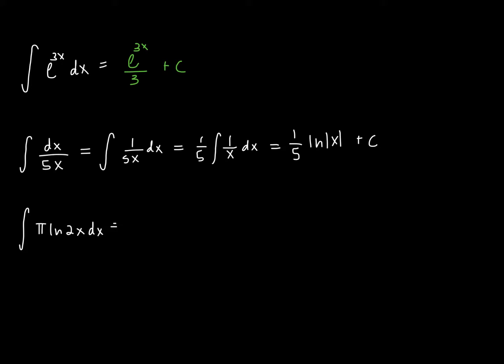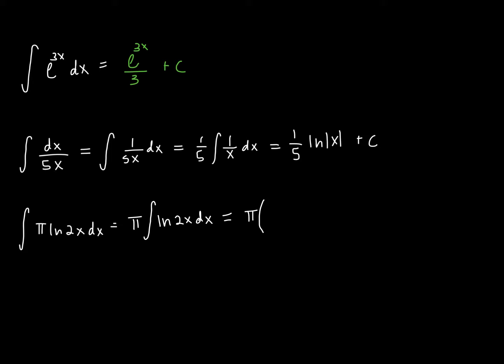All right, down here I can factor out a pi, since that is a constant, and now I'm taking the antiderivative of the natural log of 2x dx. So this is going to be pi. Now, I want to make sure that we're careful here, so we're going to take pi and multiply it by the derivative in here.